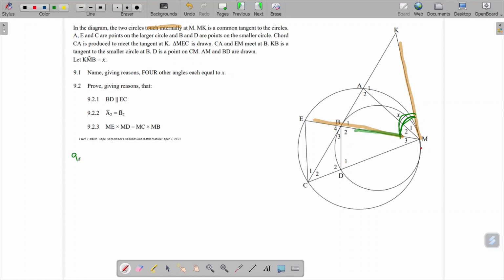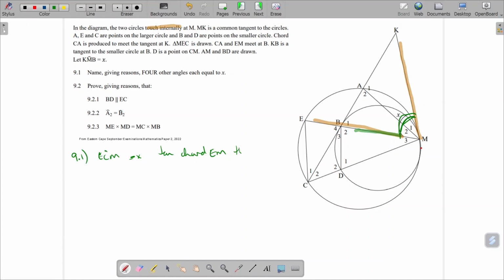So 9.1, using chord EB, ECM equals X, tan chord theorem, the chord here being EM.